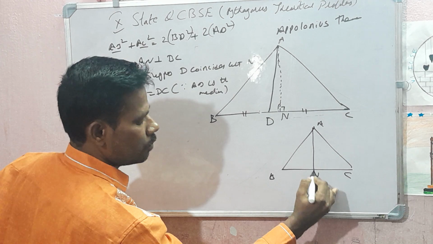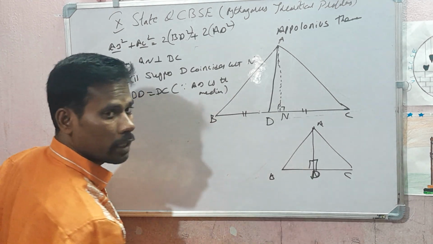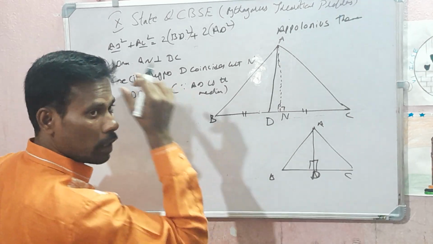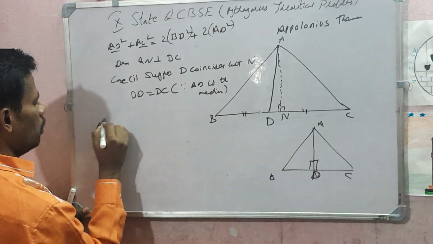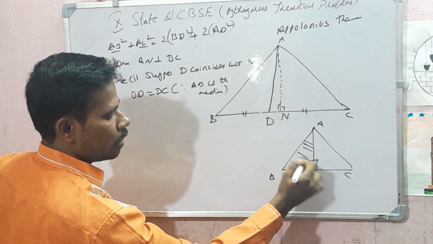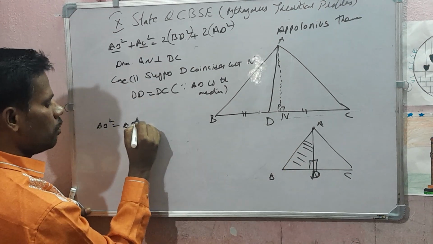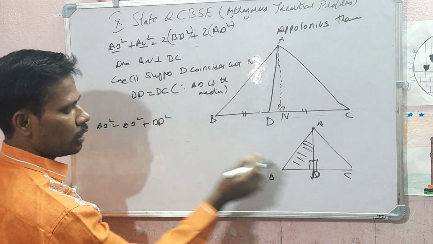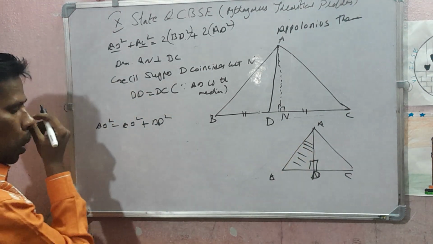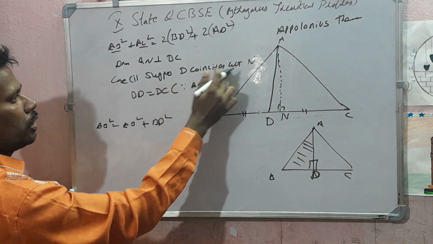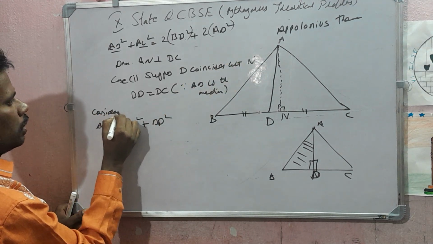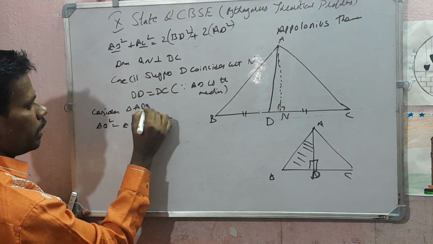It means this becomes D, so both angles are 90, 90. Apply Pythagoras theorem: the square on the hypotenuse is equal to the sum of squares on the other two sides. Now with this triangle, AB square is AD square plus BD square. Suppose D coincides with N, then consider triangle ABD.